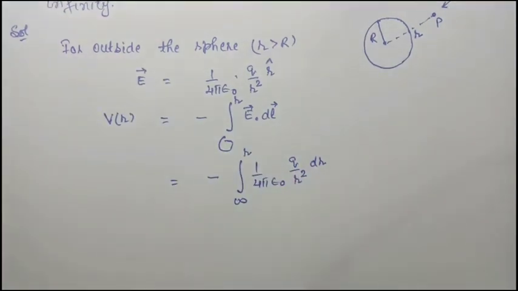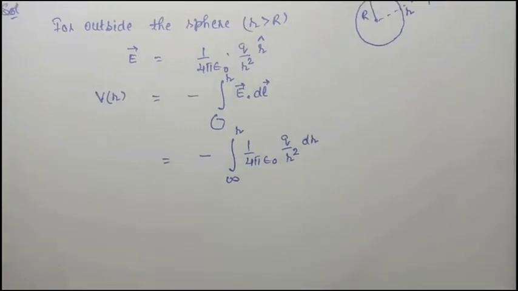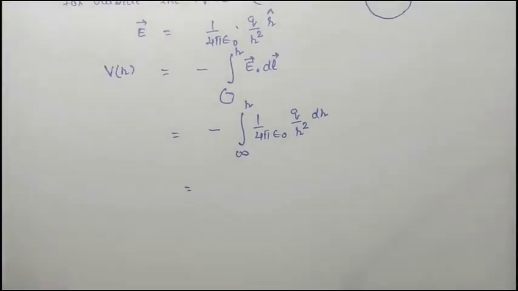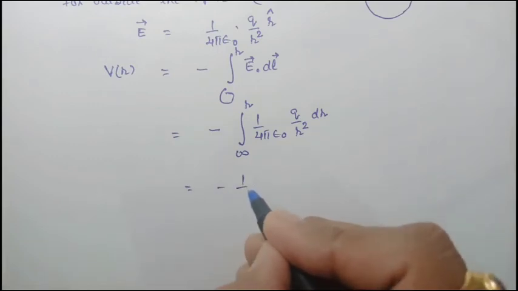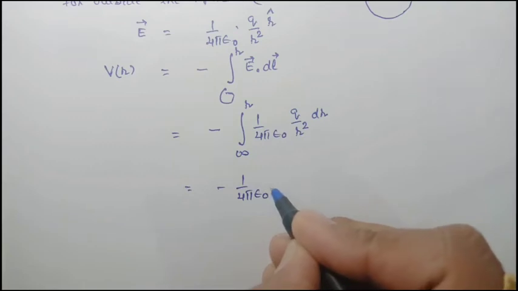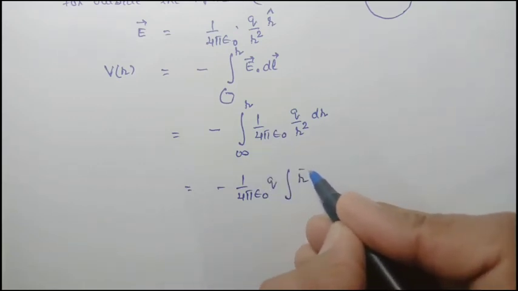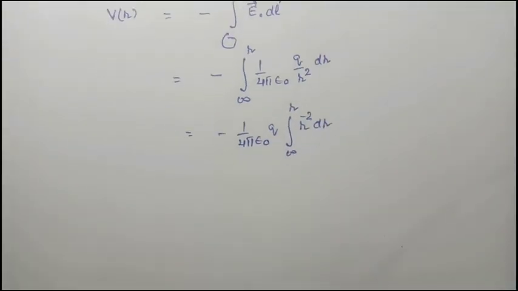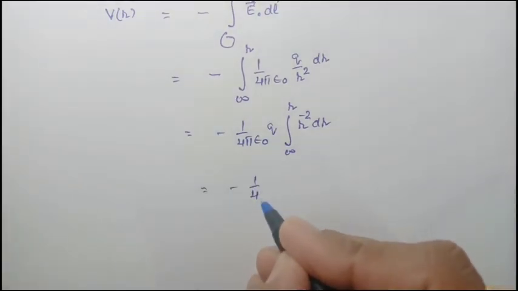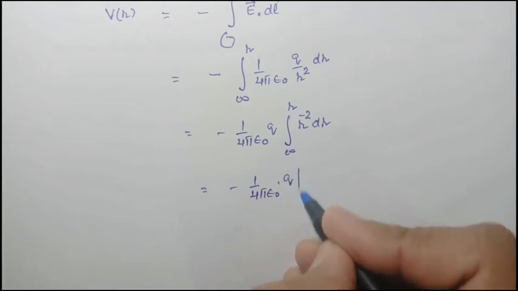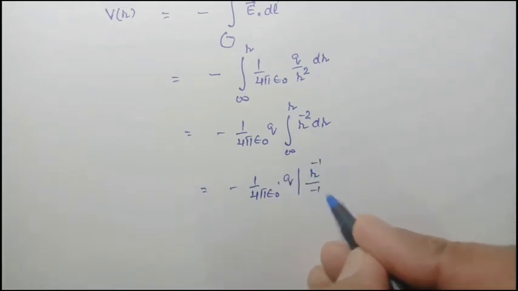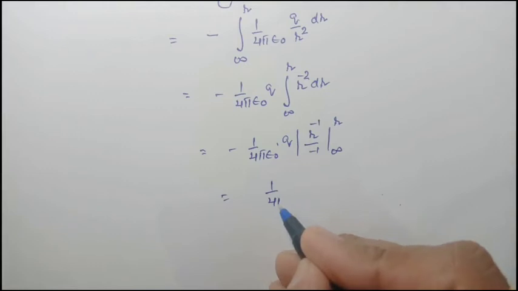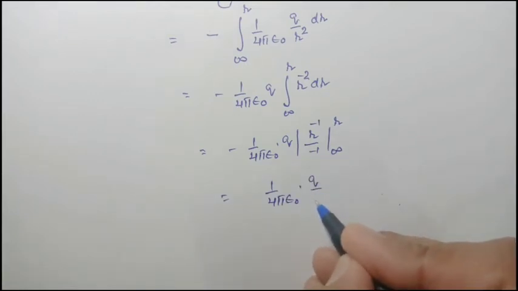Okay, then this is equal to minus 1 over 4 pi epsilon naught, here we have Q r to the power minus 2 dr from infinity to r, or this is equal to minus 1 over 4 pi epsilon naught into Q. When we integrate, we get minus 1 over r from infinity to r, or this is equal to 1 over 4 pi epsilon naught into Q over r.